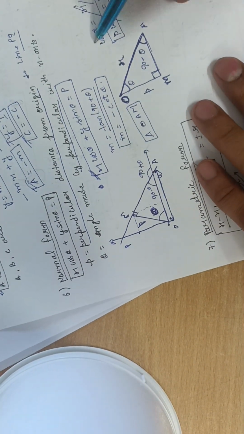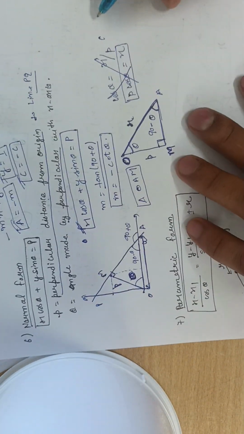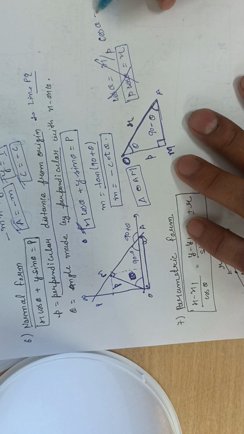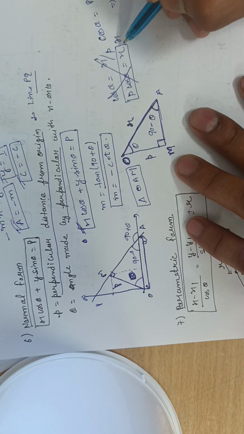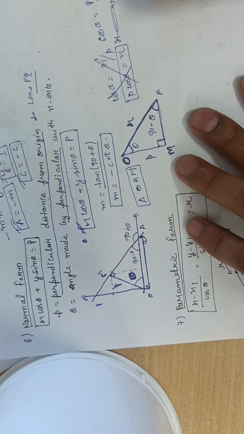Sorry, I think I made a mistake here: cos theta equals p by x, and we have to make p the subject, so x equals p divided by cos theta.